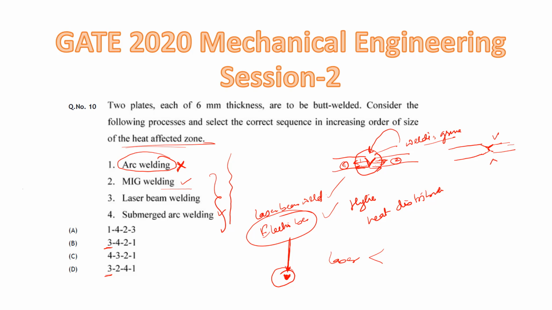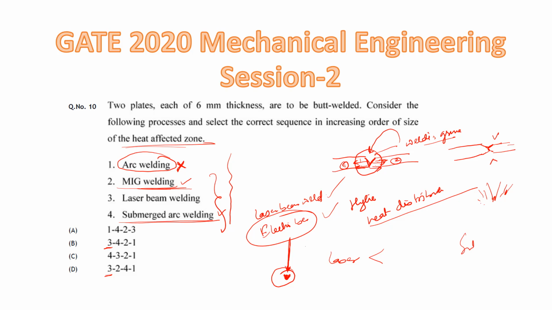Then MIG welding and submerged arc welding. So among these two, which one has the lower energy distribution? So if you study, then you will find that MIG welding has got the lower energy distribution, because in the case of MIG we do welding using the electrode and we put gas over there, right? Suppose we are doing the welding and we are passing gas over there.